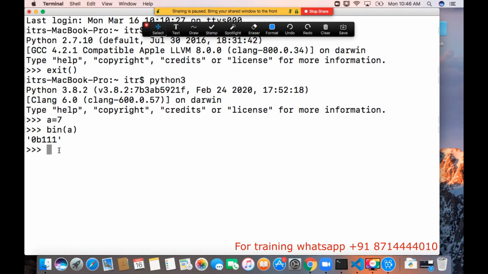B equal to 9. Here bin(B) gives 1001, right? Then A and B gives us 1.